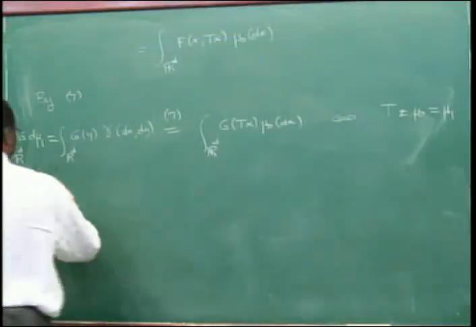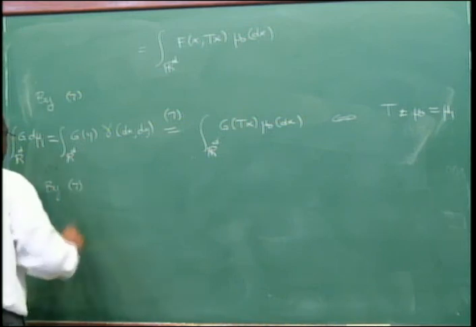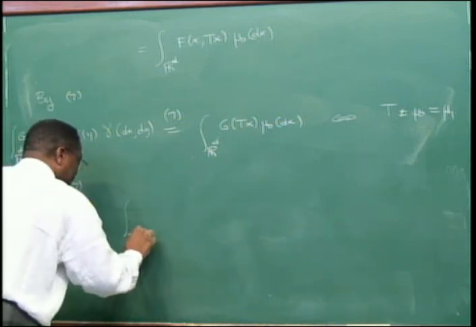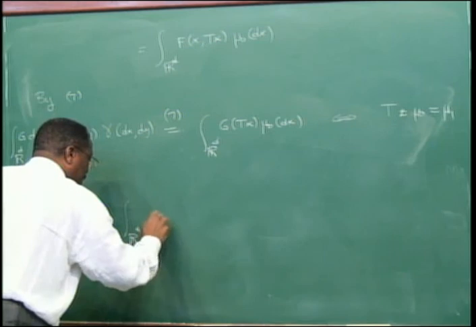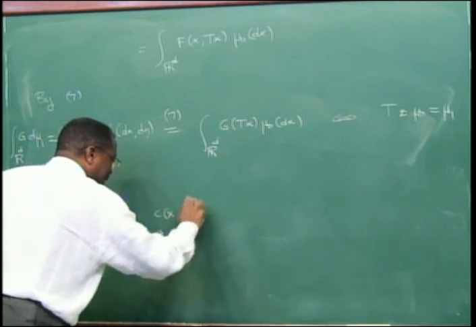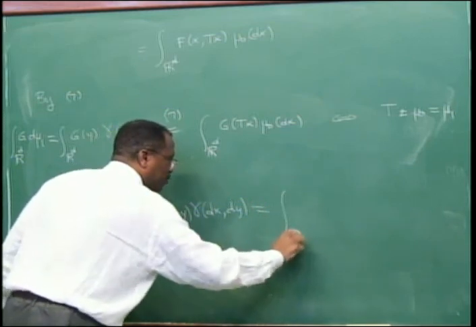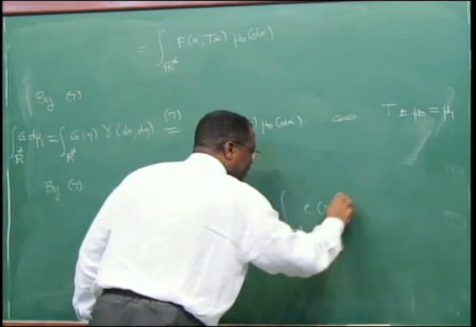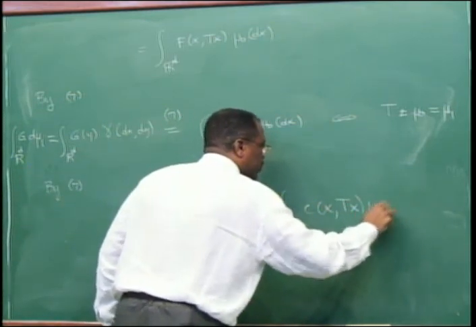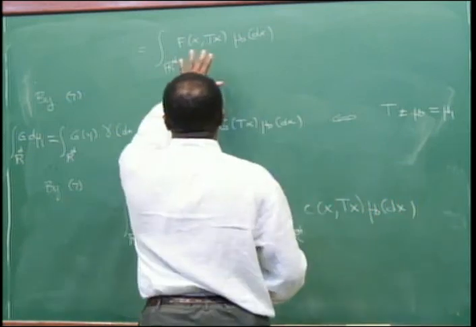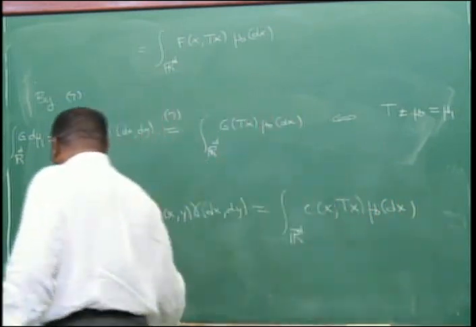By 7, the integral over R^d cross R^d of c of x, y, gamma, dx, dy is the integral over R^d of c of x, T of x, mu naught dx. This is what 7 tells me.